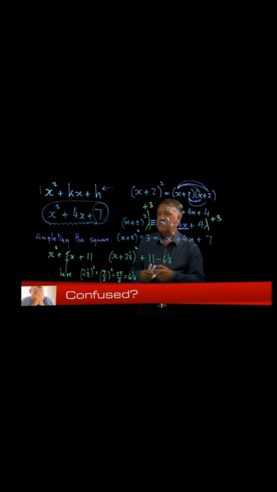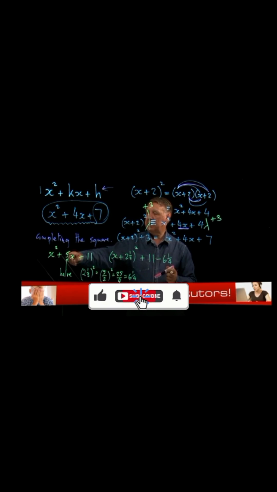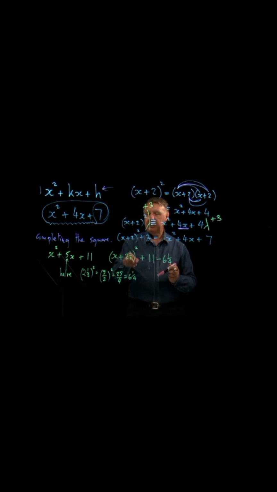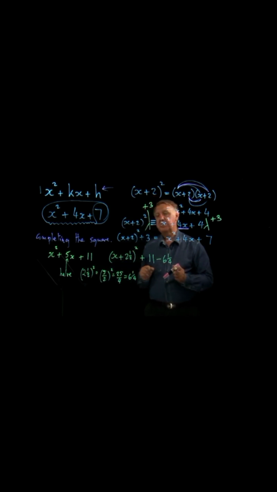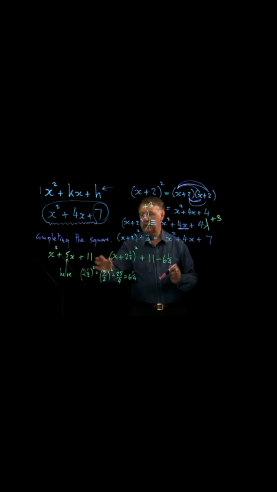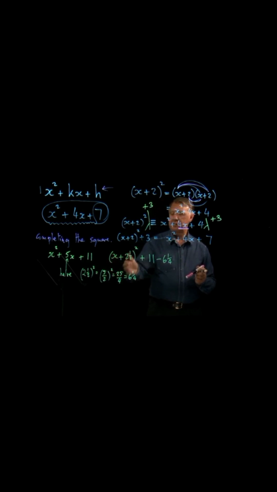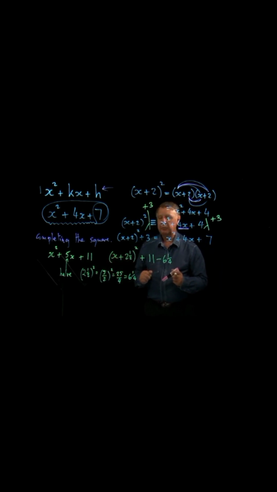So let's just run through that again. We halve this number, 2.5, and we put it inside the bracket. We then, because we're squaring this bracket, we square 2.5. We use our knowledge of fractions to make it easier. So 5 over 2 squared is 25 over 4, which is 6.25. We don't want that there.